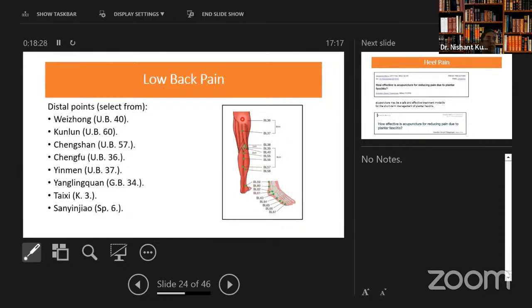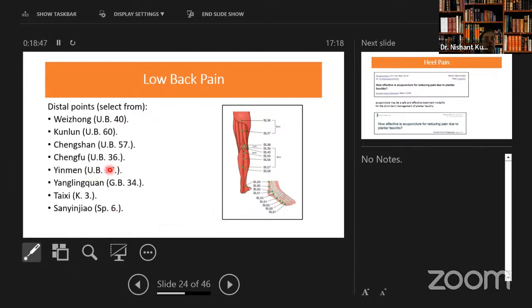L5 or L4 radiculopathy is the most common, and this is the usual location of L5 radiculopathy, and this will be the L4 radiculopathy. So depending on the radiculopathy, you choose the point. It may be UB40, UB60 if there is L5 radiculopathy.